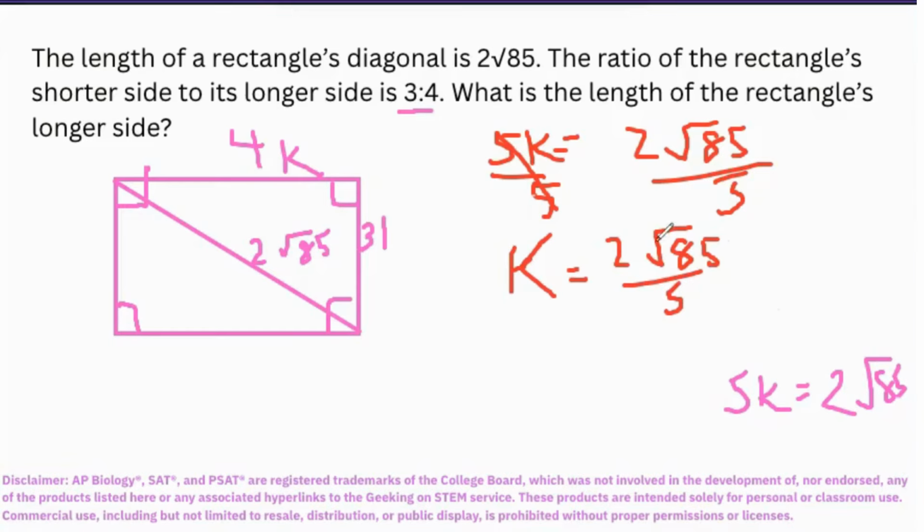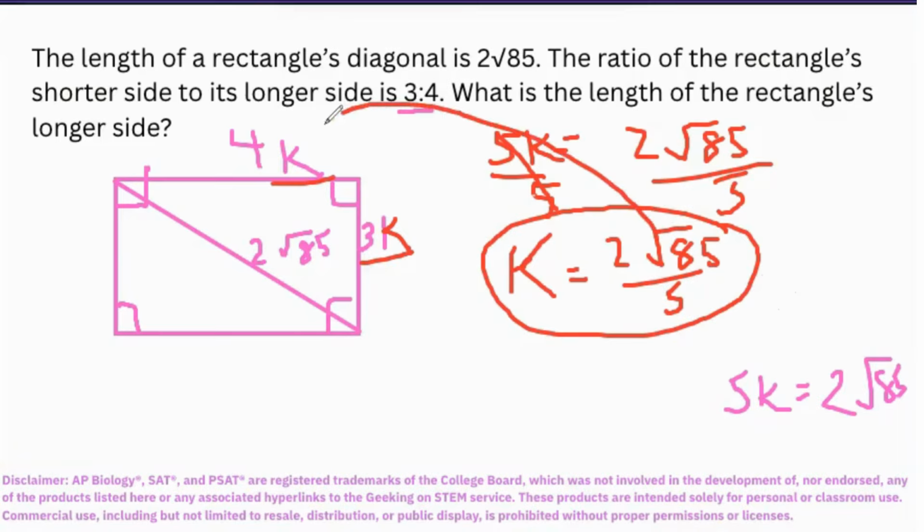You could plug this into Desmos and simplify to a decimal format, but because I need to find the longer side, remember it's 3K on one side and 4K on the other side. I'm going to solve for the longer side, which is 4 times this whole value. So essentially I'm multiplying this by 4 because it's K times 4.